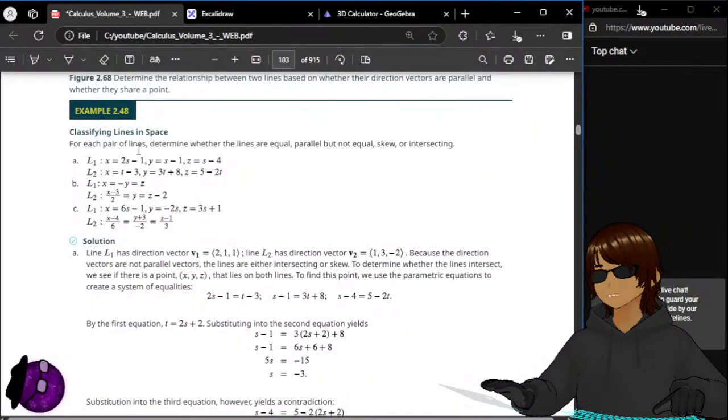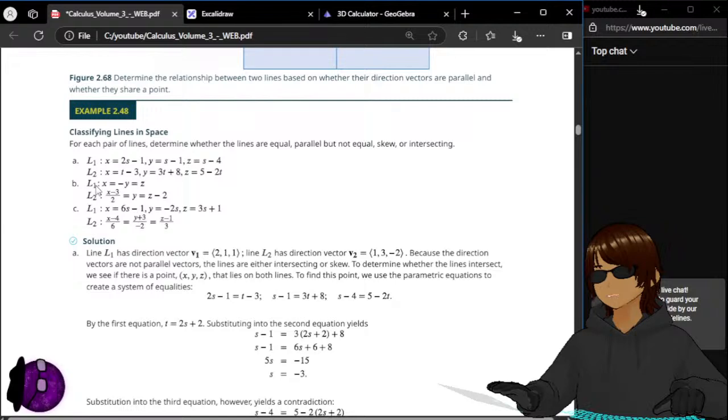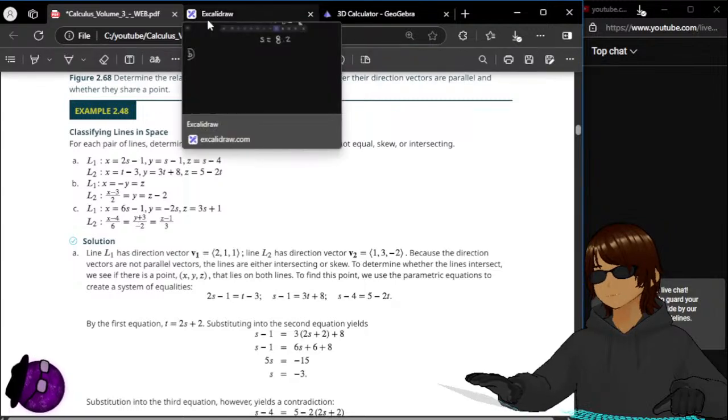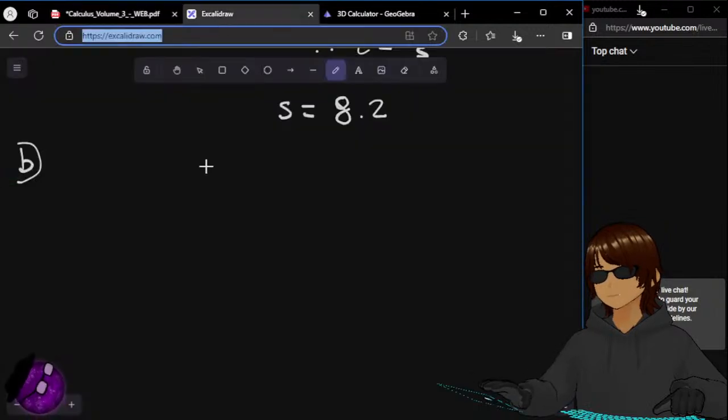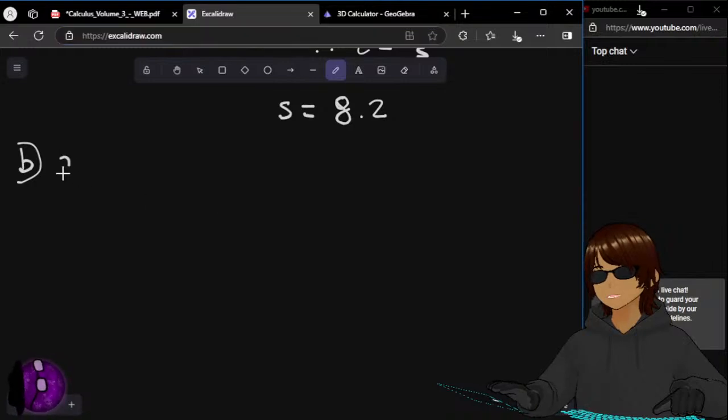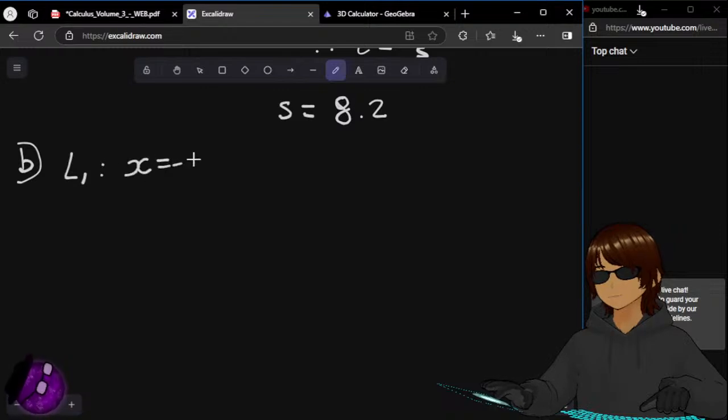Anyways, so L1: x is minus y, which is z.